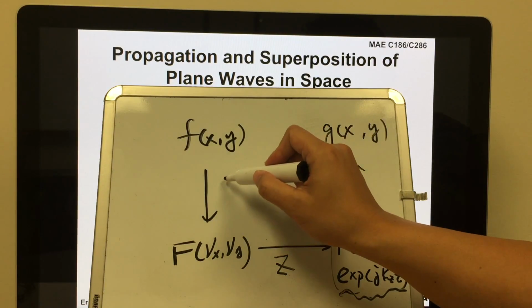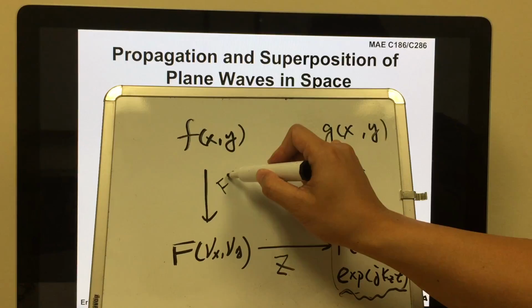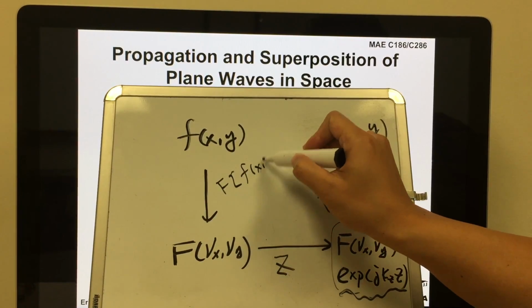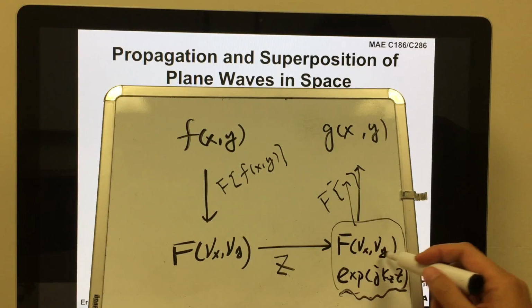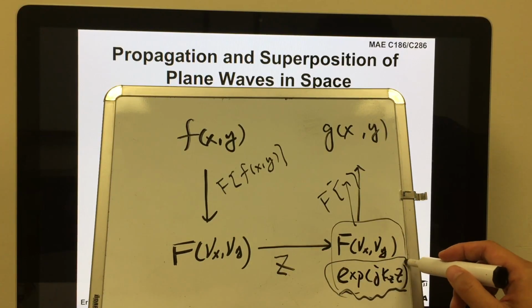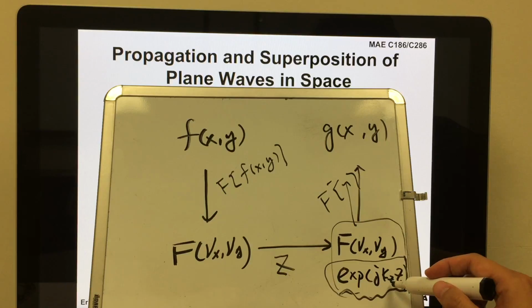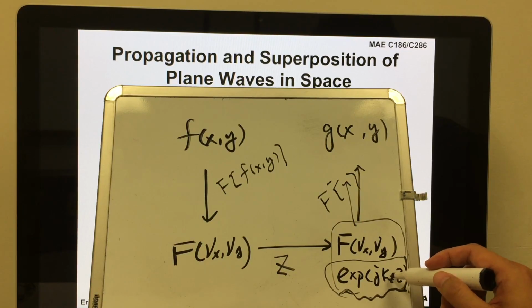Okay, so this is the Fourier transform of this f of x and y function here, to get this component. When you propagate in free space, each component depends on the spatial frequency you have, and you have different kz.